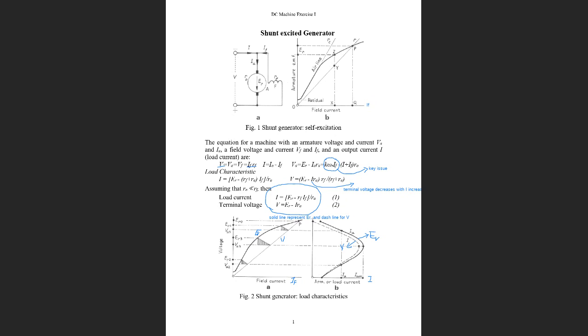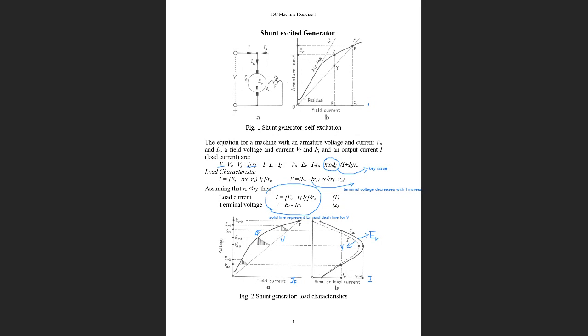At certain levels, the terminal voltage will reach the maximum value. After that, the voltage will decrease again when the loading current increases. That means there is an upper limit of the loading current. When the current is larger than this point, the machine will automatically slow down. This is the overloading area.